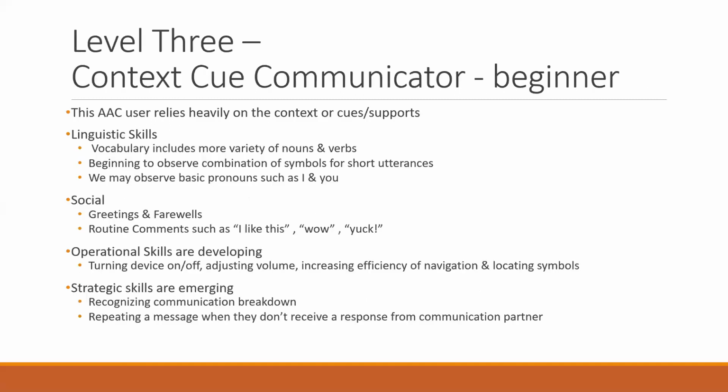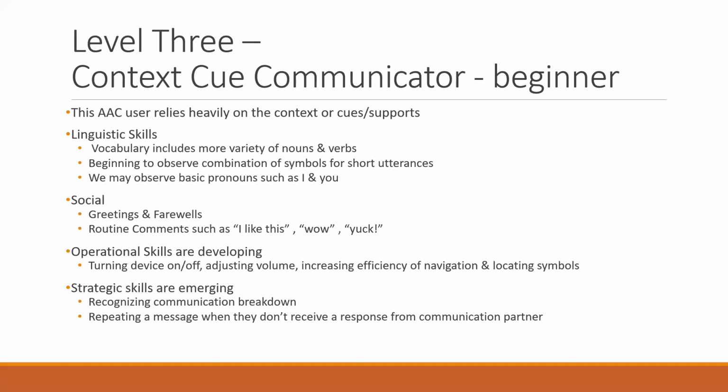Okay, next, a little bit about our level 3 or context cue communicator. This is kind of split into beginner and then a bit more advanced. So the beginning of this stage, a beginner, is an AAC user that's relying heavily on context or cues and supports from communication partners. In the linguistic skill area, their vocabulary is including more of a variety of nouns and verbs.